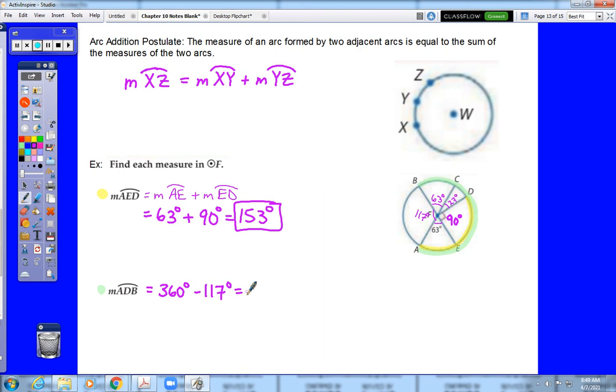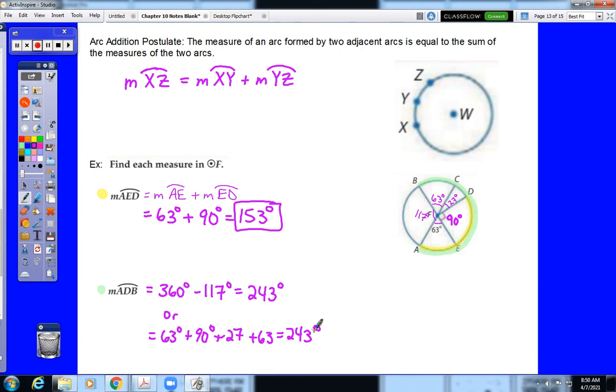So 360 minus 117 would be 243 degrees. We could also add up all the angles along the way, which would be 63 degrees and 90 degrees and 27 degrees and 63 degrees, but guess what? You get the same answer either way. So it doesn't really matter to me which approach you decide to take, as long as you get the correct answer.